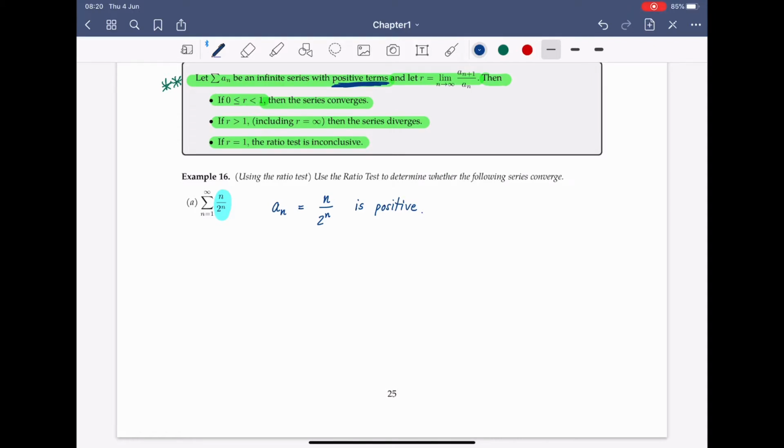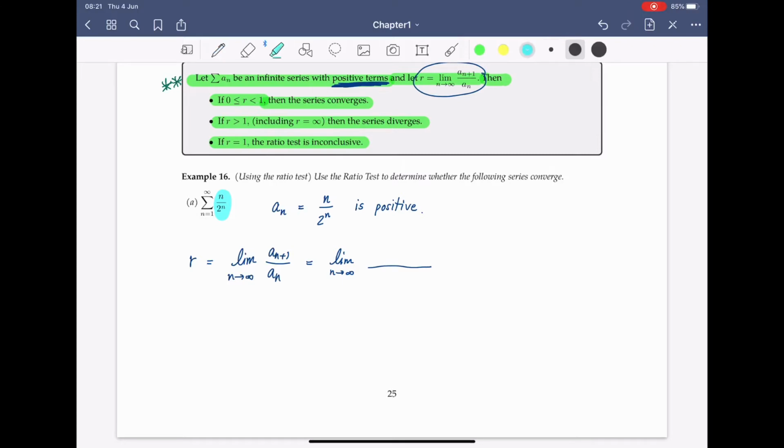Next we're going to compute our r, which is the limit of a_(n+1) over a_n as n goes to infinity. So let's go slow here.